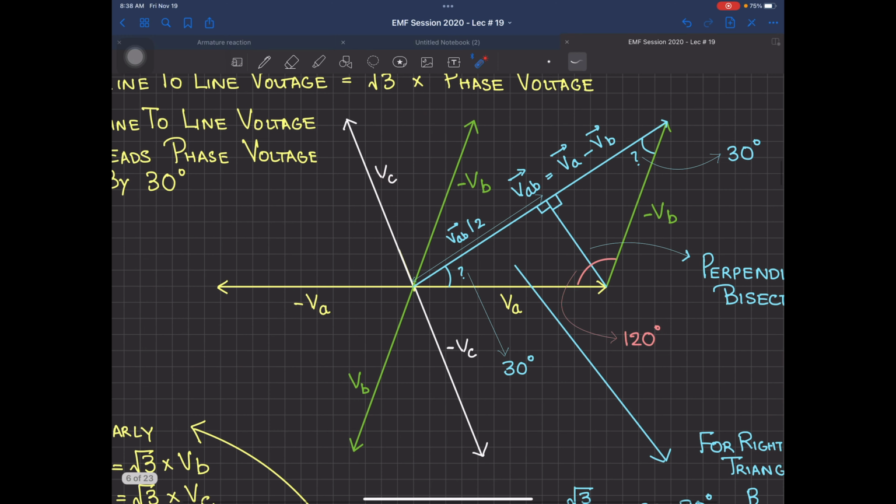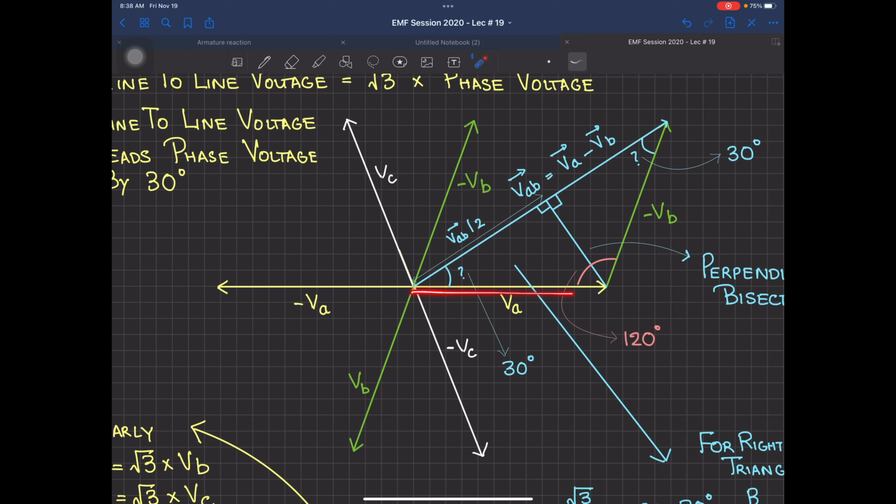So I want to subtract VB from VA. This is VB; taking the negative of it, it is flipped by 180 degrees, so this is minus VB. So this is VA plus minus VB. This is going to be the head to tail rule of addition, and from this central point to this point, this is going to be called VAB, that is, the line to line voltage between 2 phases.